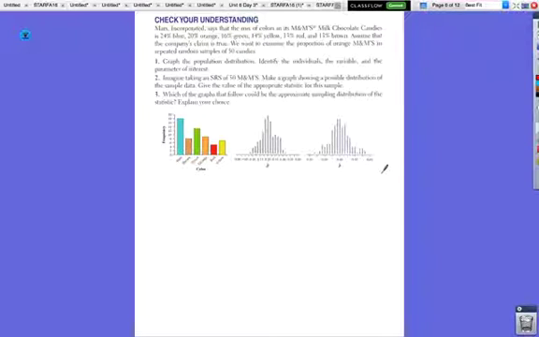Mars Incorporated says that the mix of colors in the M&M's milk chocolate candies is 24% blue, 20% orange, 16% green, 14% yellow, 13% red, and 13% brown. Assume that the company's claim is true. We want to examine the proportion of orange M&Ms in repeated random samples of 50 candies. Number 1 says graph the population distribution, identify the individuals, the variable, and the parameter of interest.